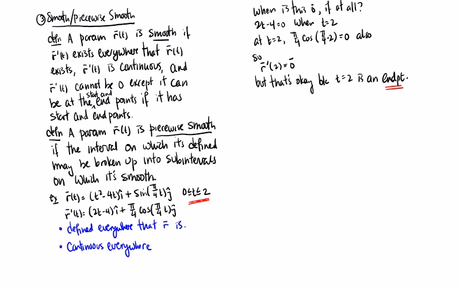Now, keep in mind, t equals 2 is the only place that this is the 0 vector, because 2t minus 4, the i component, is never 0 anywhere else. So if you're going to get the 0 vector, it must be t equals 2, and that works for both the i and the j. So everything's good. Just to clarify, it's not 0 anywhere else. So it's smooth.